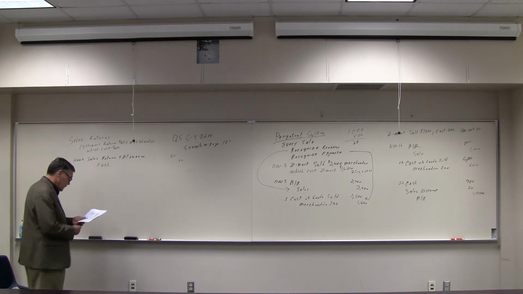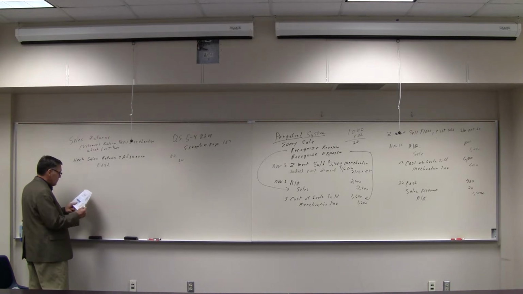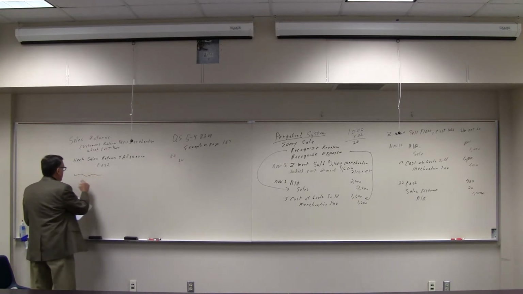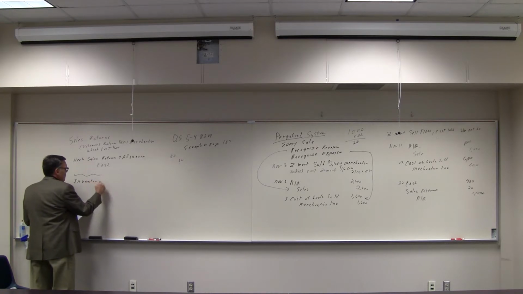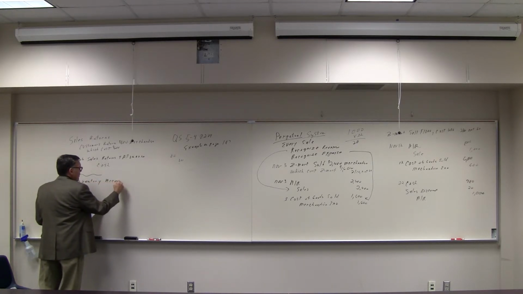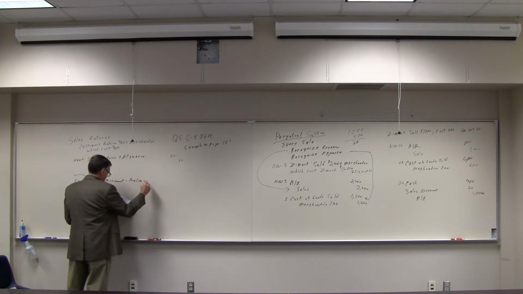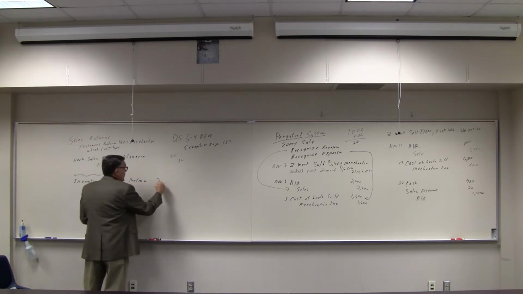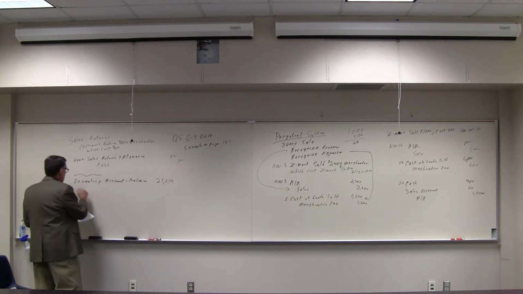So what you do on this thing is, here's an example. So the inventory account has a balance of $21,250. So you do an actual inventory.